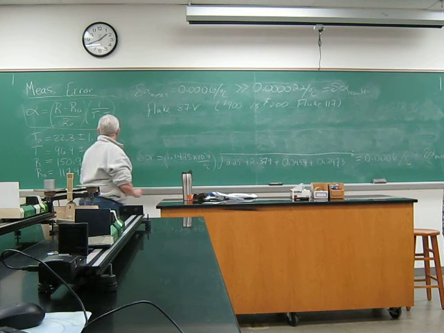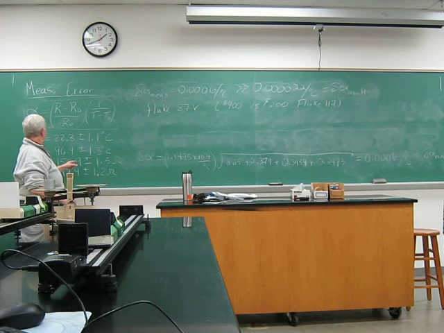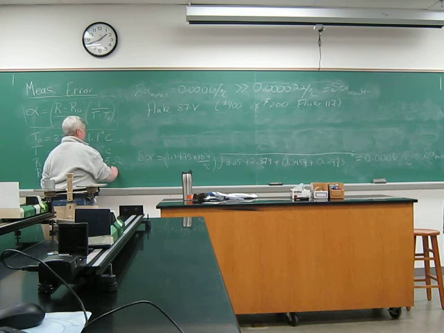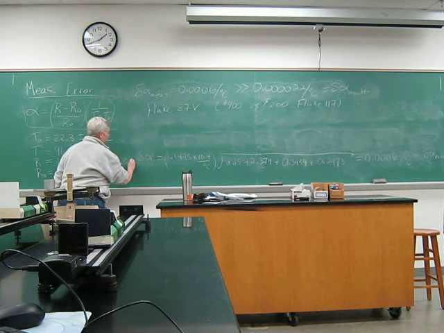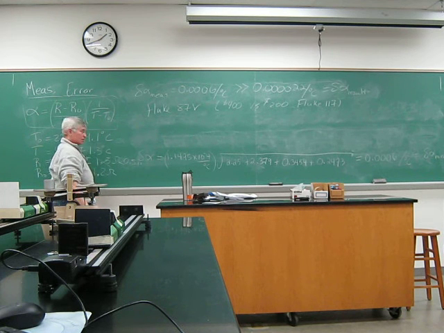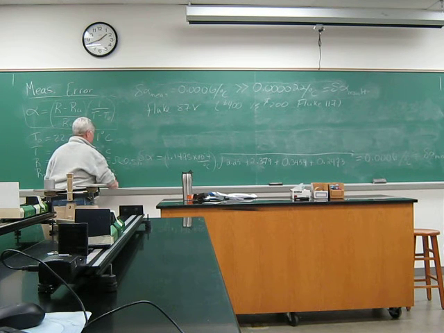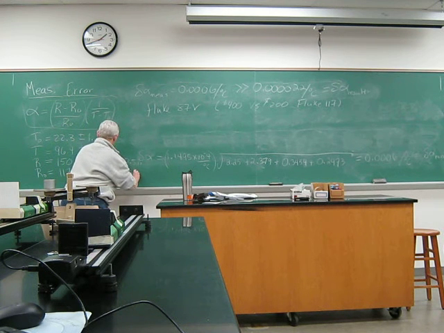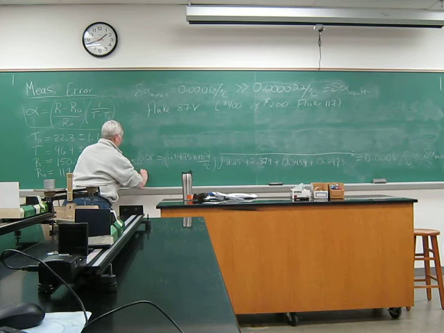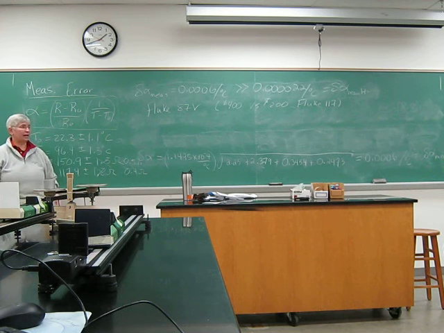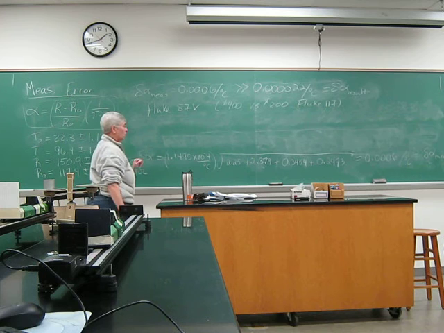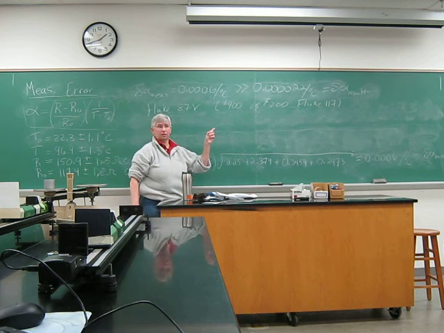If that were the case, then instead of this being 1.5, it ends up being 0.5 ohms. Instead of this being 1.2, it is 0.4 ohms. So there's a factor of 3 reduction in the uncertainty of the resistance.